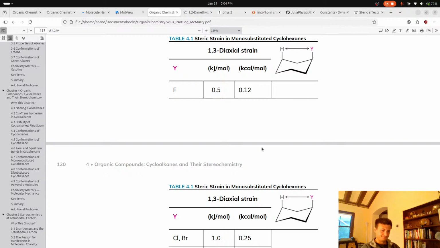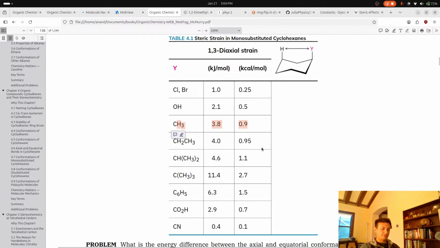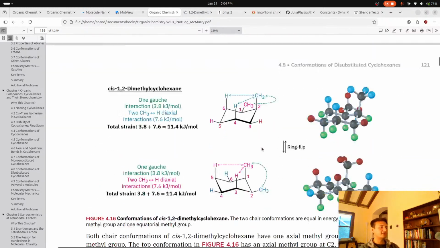Okay, so I would say that this is going to have one gauche between ethyl and methyl, and then it's going to have two CH3-H diaxials. And then, do I have to calculate the difference too?